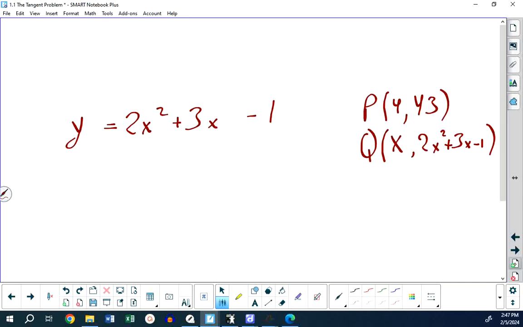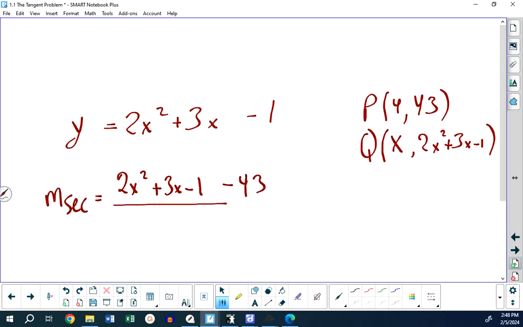If that doesn't bother you a little bit, then maybe I'm alone here on this, but that really bothers me. My slope of the secant will be y minus y over x minus 4. I'm interested in knowing at x equals 4, and I can't do it.